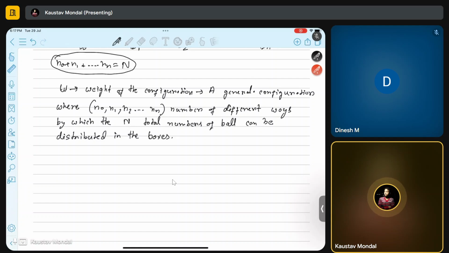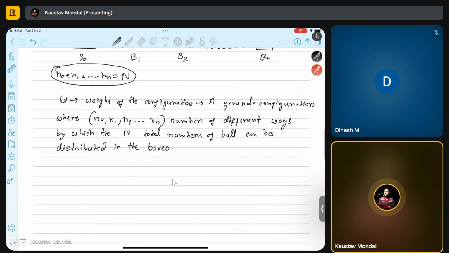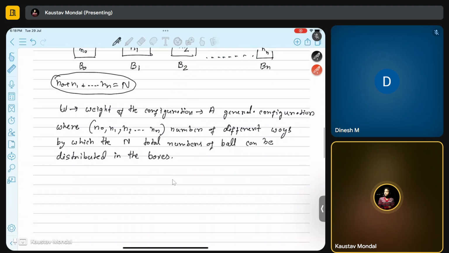This is called W, the weight of the configuration. Since we are distributing balls in boxes here, it can also be the number of molecules in energy states, depending upon your system. The definition of the weight of configuration will be different, definitely.